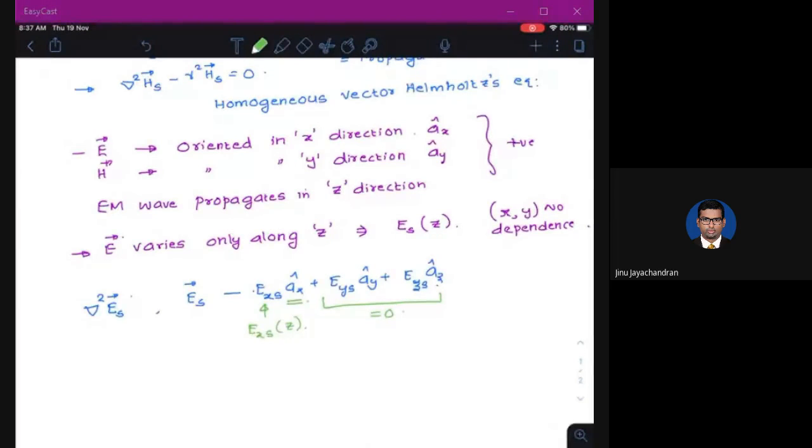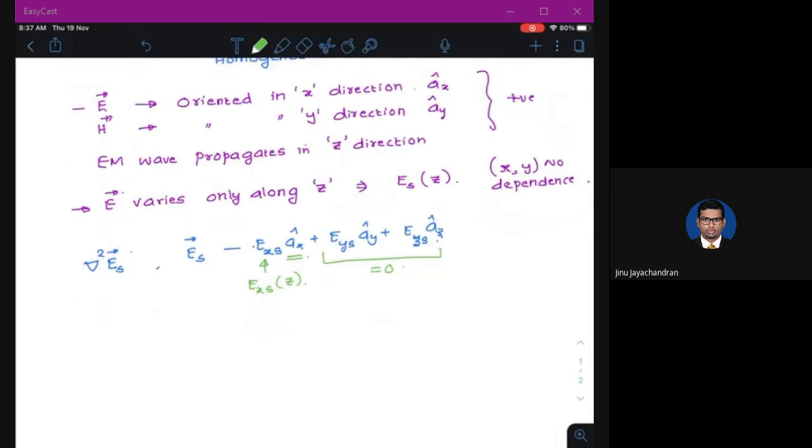In the last class, we have seen the electric field equation, something like sine of omega t minus beta z, ax cap. So in omega t minus beta z, the variation is only along z. So when I do del square Es, this is basically dou square by dou x square Es plus dou square by dou y square Es plus dou square by dou z square Es.